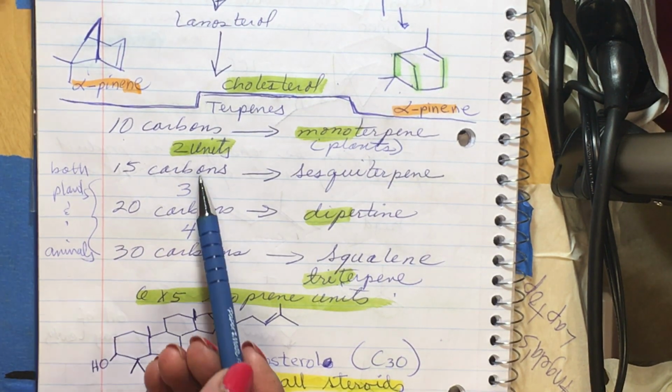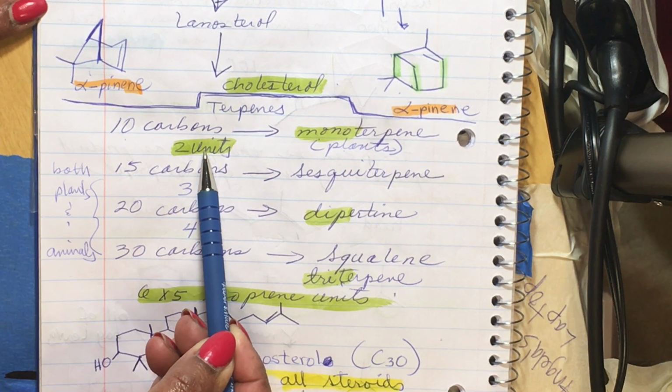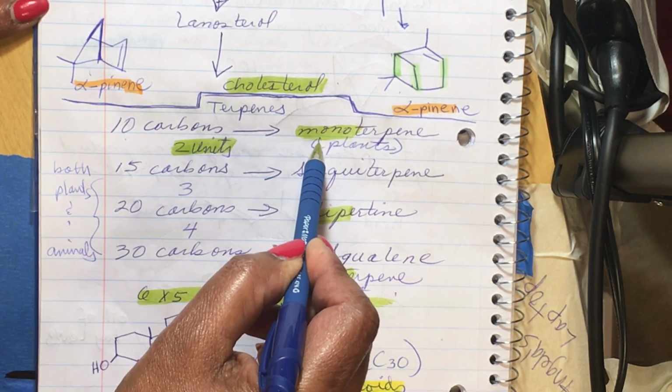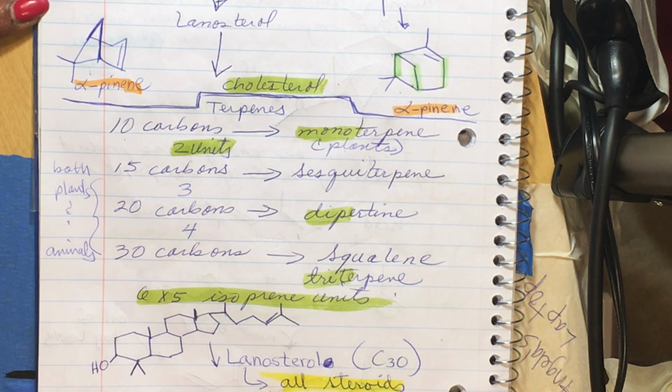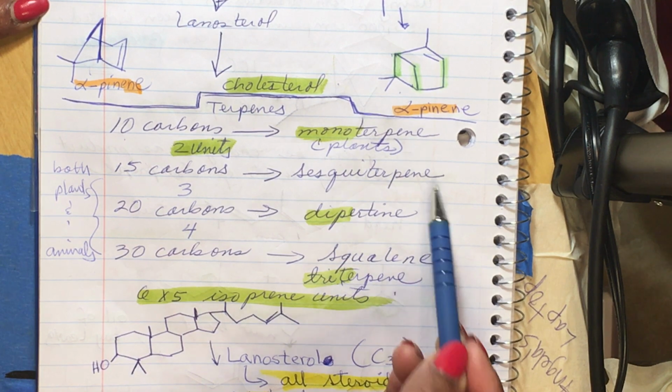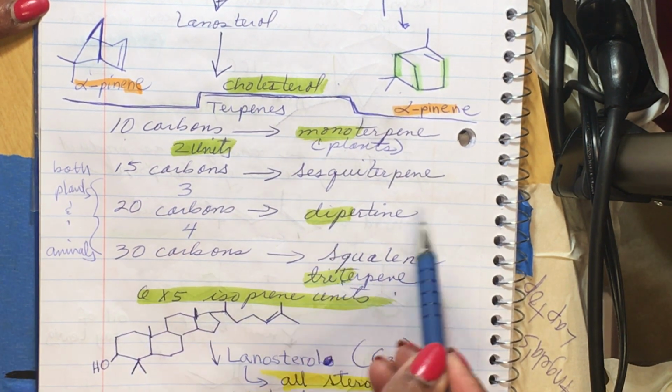Now, the next is if it has 2 units of the isoprene, that will be called a monoterpene. That is going to be found in plants. If it has 3 units of the isoprene, that's called sesquiterpene. 20, that's a diterpene.